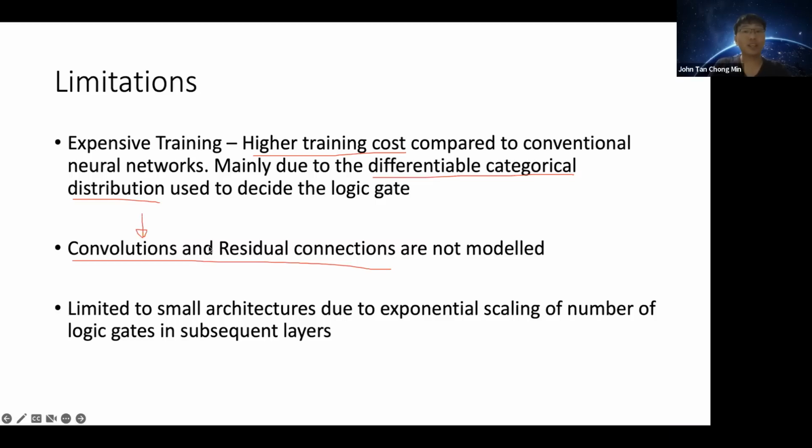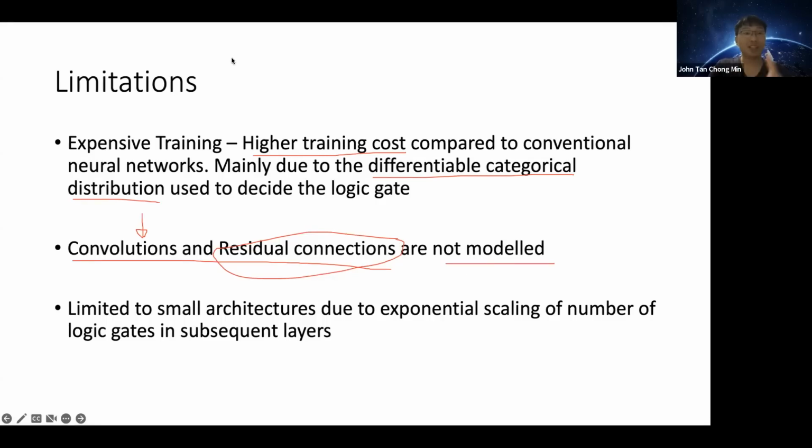But if you use the method I talked about earlier, the volume control, you may be able to do this using convolution and change the volume control across all patches. So this may be possible. Residual connections should also be possible to model, because you can backpropagate through this network, so you should be able to backpropagate through a residual connection as well. So I think these are small limitations. This can definitely be modeled.